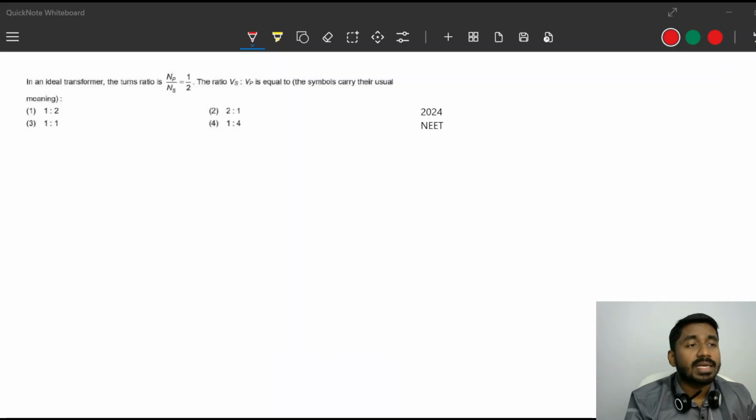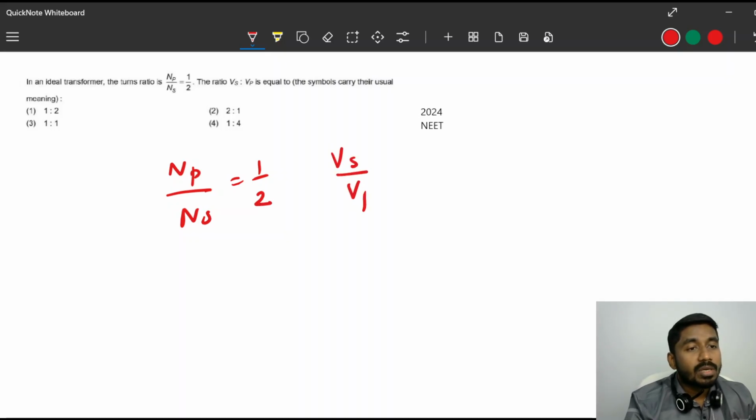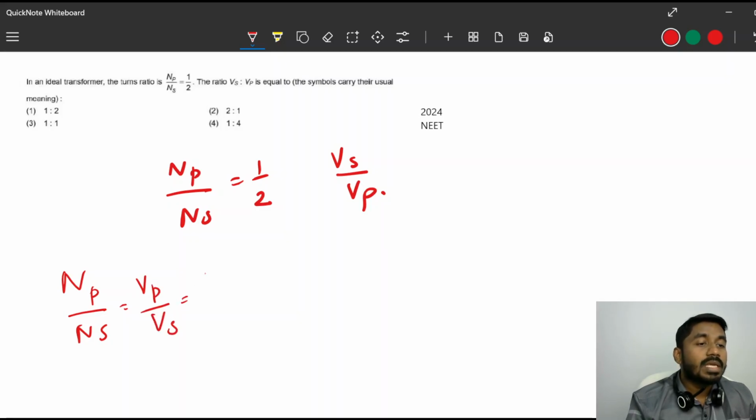The first question is: the ideal transformer turns ratio NP by NS is given as 1 by 2, and we need to find the ratio VS by VP. Here we know the transformer ratio: NP by NS is equal to VP by VS, which is equal to IS by IP.